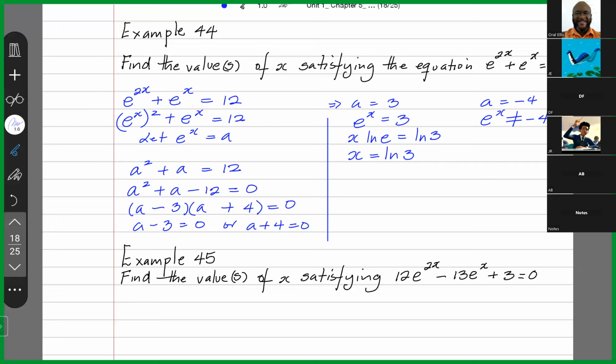And of course, you can always put this in your calculator and get an answer which you can round to 3 significant figures. So x is 1.10 to 3 significant figures.